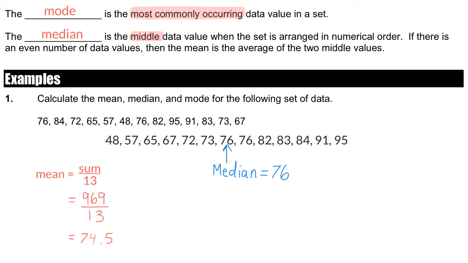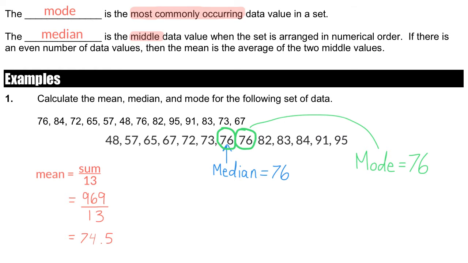The last one I'm going to look at is the mode, and the mode is the most commonly occurring value in the set of data. So that ends up being 76, because 76 occurs twice in my list, all the other values only occur once. So the mode is 76.